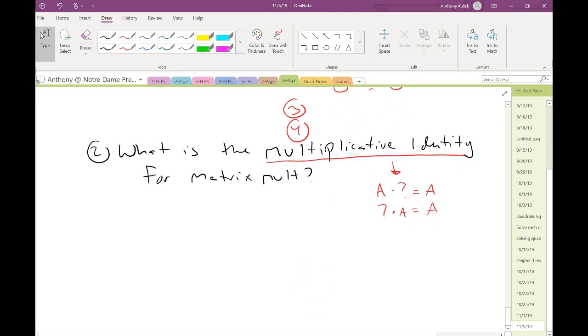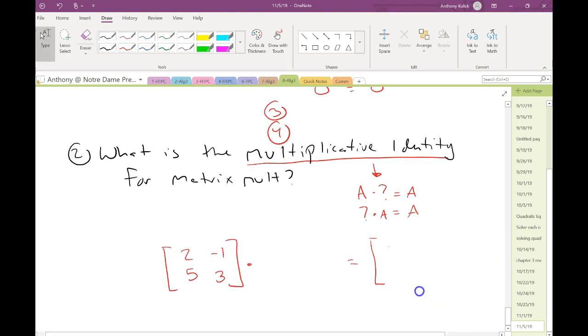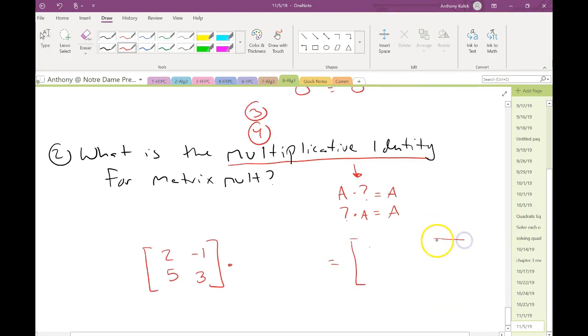What do we think that multiplicative identity might look like? Let's just take a role matrix A and see what we're going to get. Just take a guess. What would you expect? What does your intuition tell you that multiplicative identity might look like?